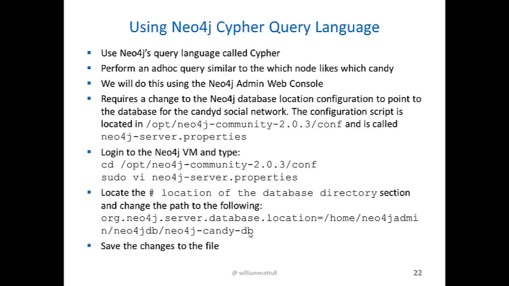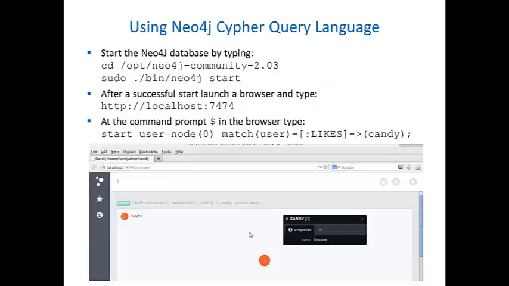Neo4j has a query language called Cypher. In order to use this from the web admin console, we need to make a change to the server properties file in the conf directory, and we basically need to point it to our database that we created under our Candy DB code, and then save the changes to the file.